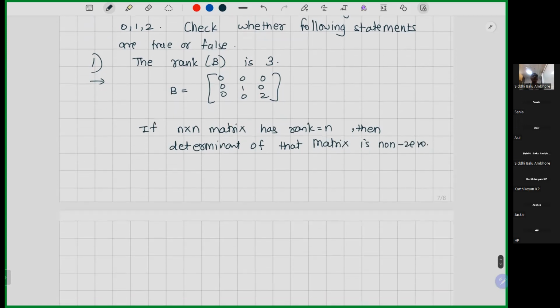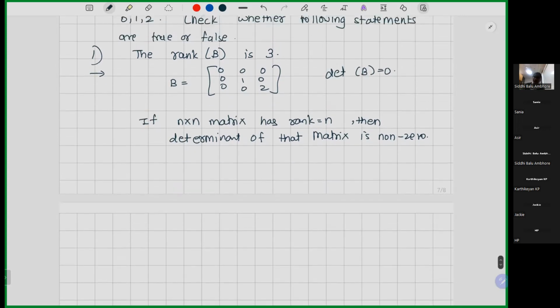So the rank cannot be 3. This is a 3 cross 3 matrix with determinant 0. So determinant of B is 0. So therefore, this is false. Okay, this statement is not true.